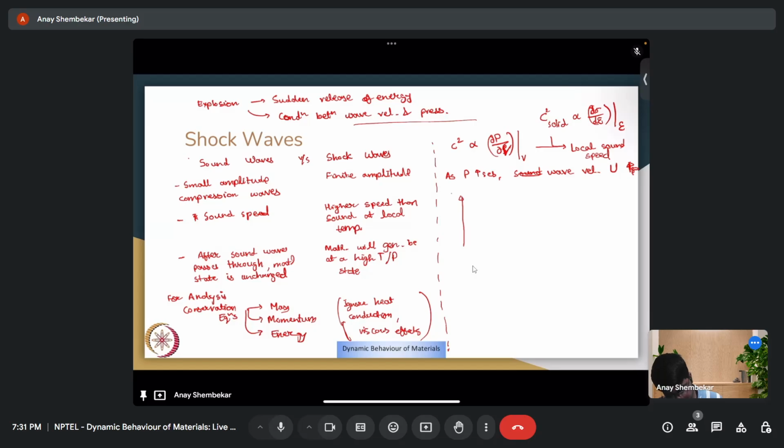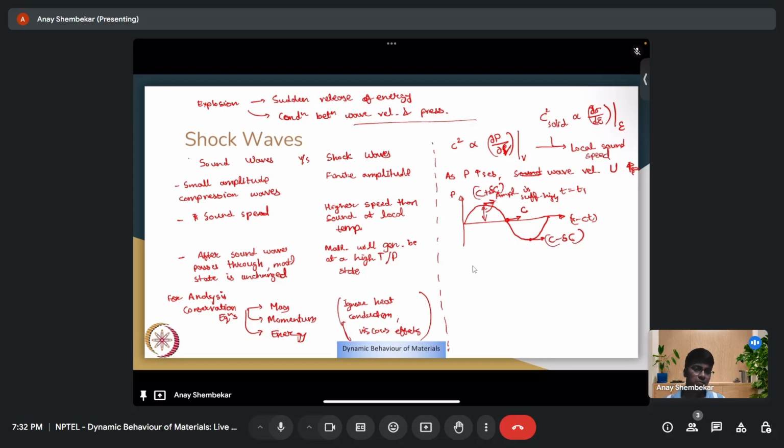Suppose I draw pressure against position at time t equal to t1. Suppose this is how my wave looks like. If this pressure amplitude is sufficiently high, then I know that I have different wave speeds, say C here at the mean, C minus delta C at the bottom, and C plus delta C at the top.